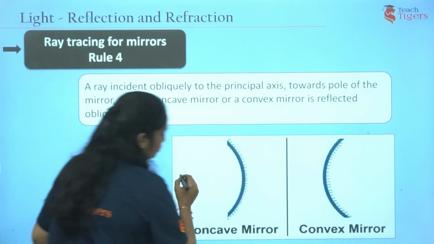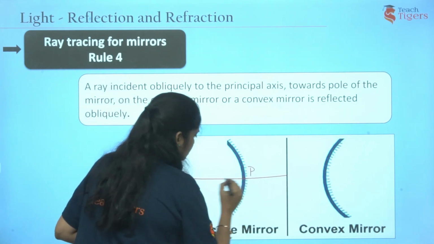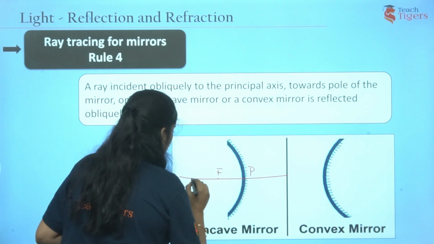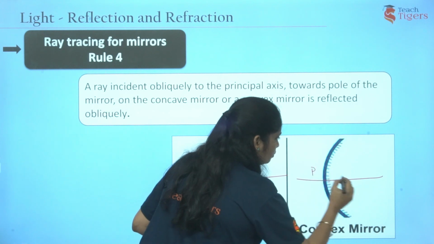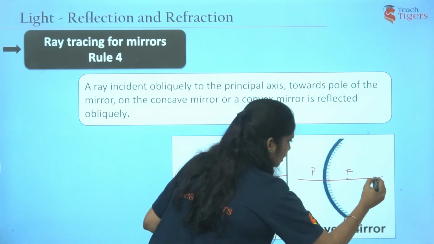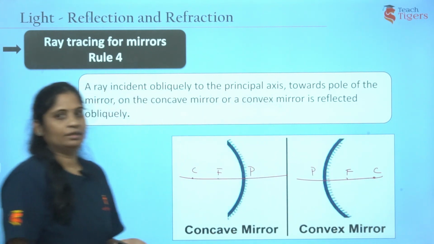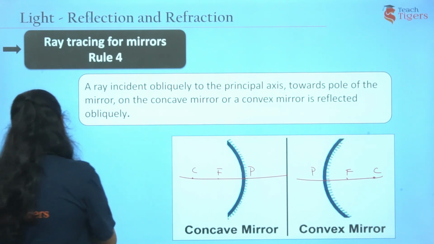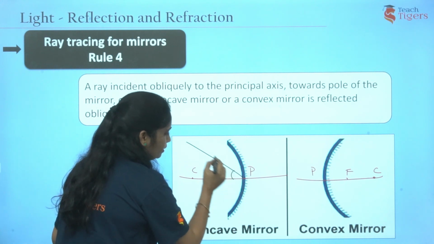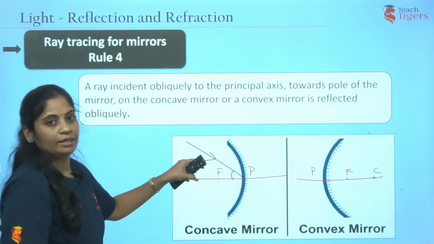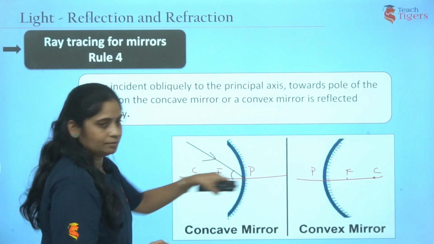So what is the fourth rule? Again, we know this is pole, focus, the center of curvature. Here also this is pole, focus and the center of curvature. If a ray is incident obliquely, what do you mean by the word obliquely? Obliquely is nothing but making an angle with the principal axis.